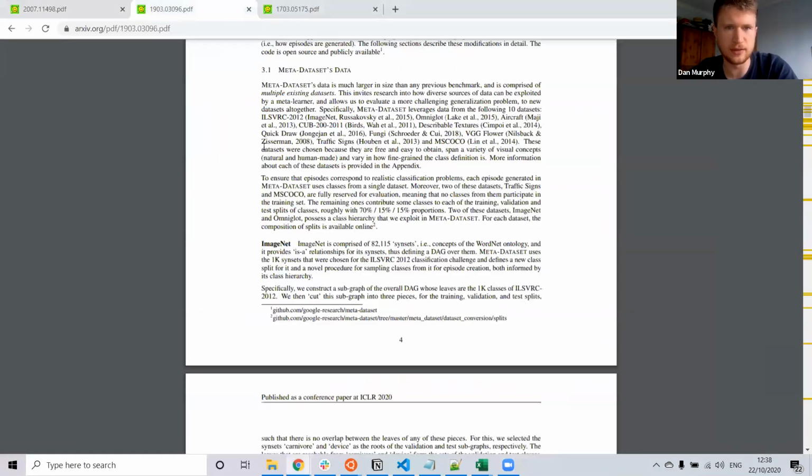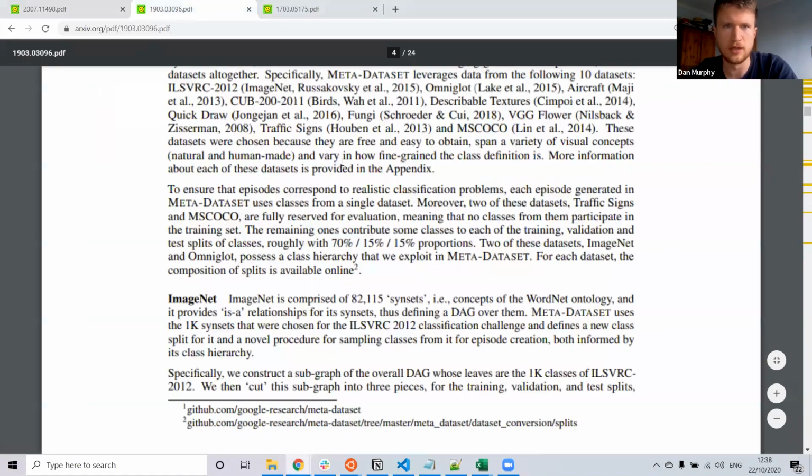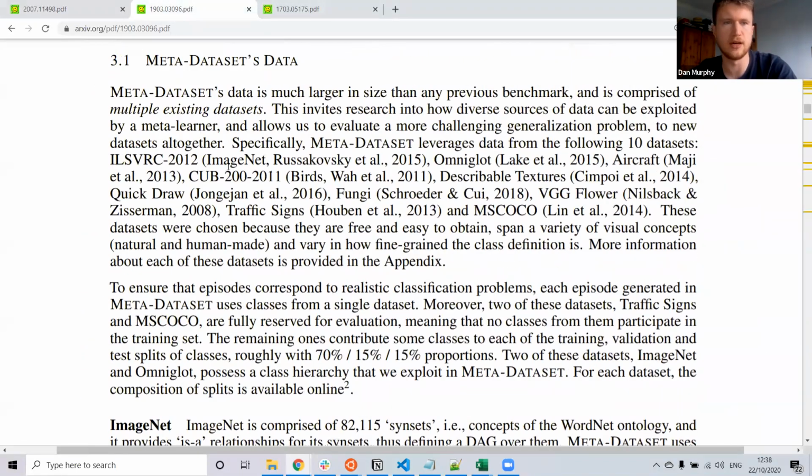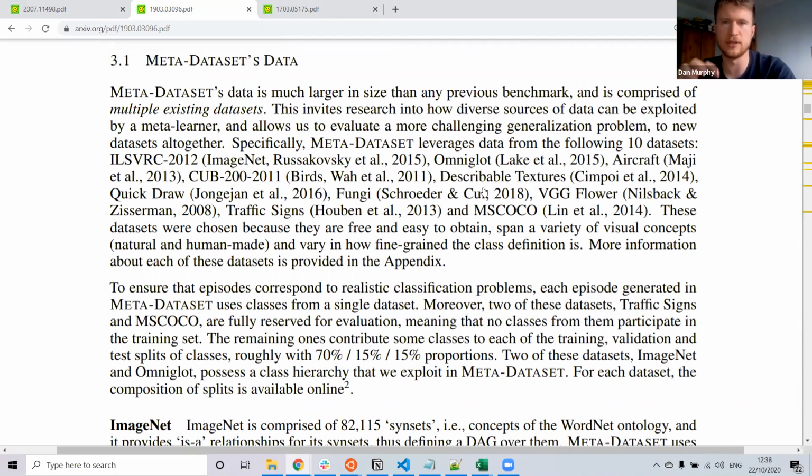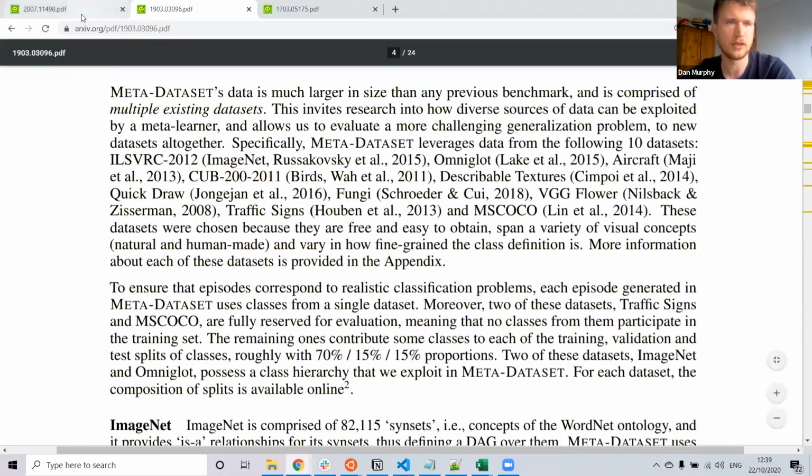The paper lists which data sets are in this metadata set: ImageNet, Omniglot, aircraft, a birds data set, textures. The training happens on a subset of ImageNet, and then the test is to see how well you can generalize to the data in these 9 other data sets and the subset of ImageNet that you did not train on.